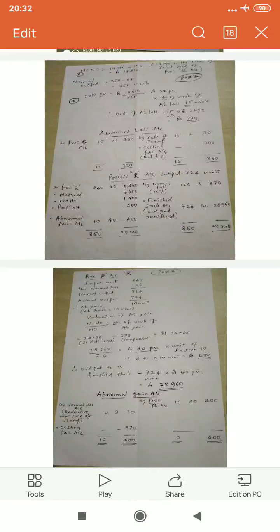Over. Now you go through the solution and prepare process Q account. In process Q account specifically the output is given as 840 units. Therefore at the top you have to jot it down as output 840 units. Now with regard to the material fed into process Q, coming to the debit side, to process P: how much is to process P?